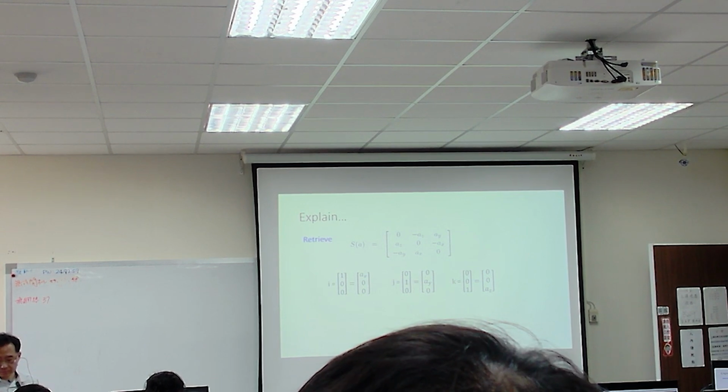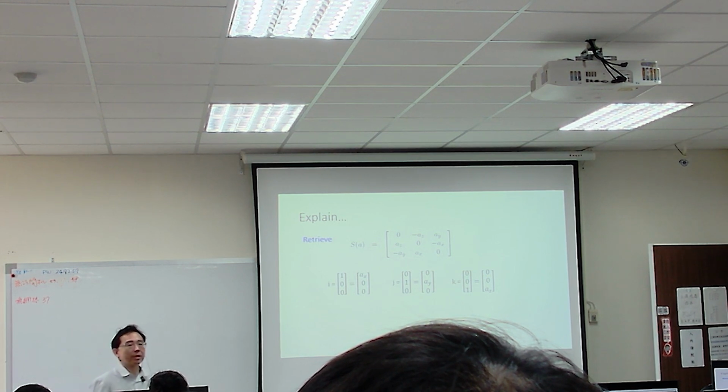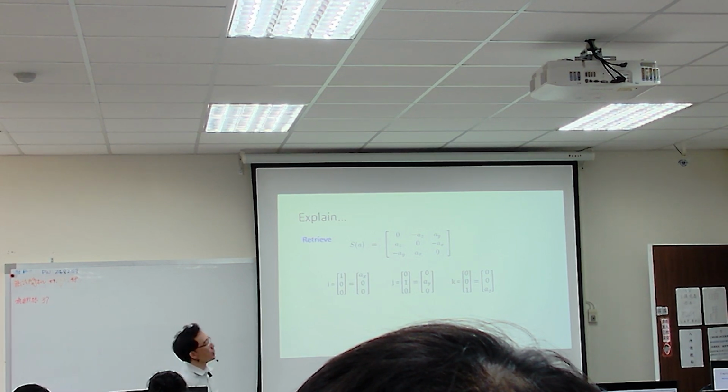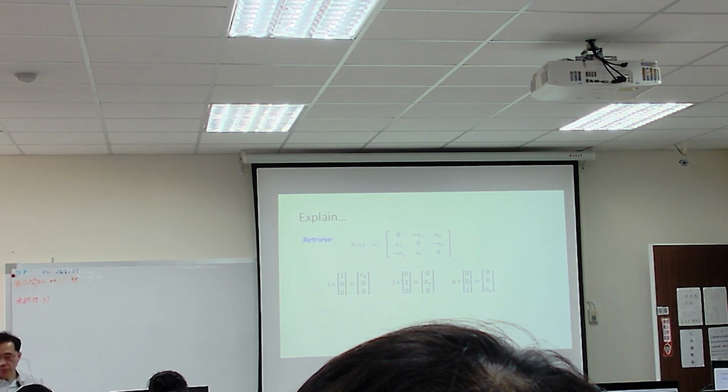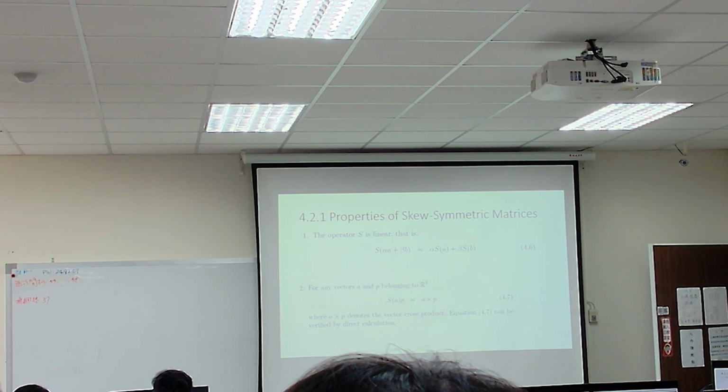Okay, so right now you have new knowledge today, which is what a skew matrix is and two characteristics of it. This part is more detailed and more complicated, so I will just leave it over here, and if you are interested, you can take a look.